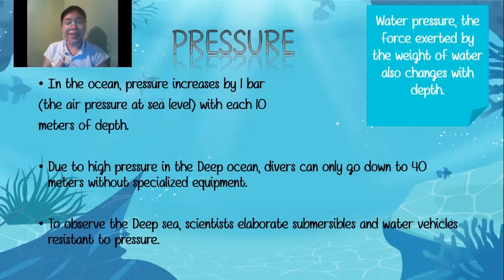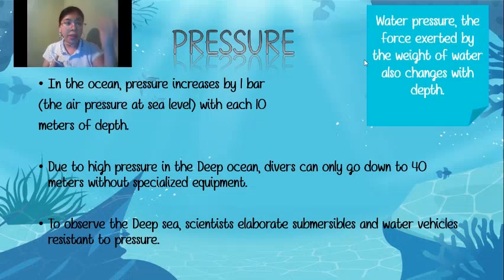To observe the deep sea, scientists elaborate vehicles and submersibles. They're called water vehicles, resistant to pressure. We have here a note on this side. The water pressure, the force exerted by the weight of water, also changes with depth.